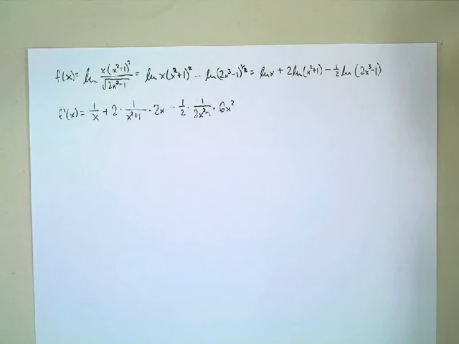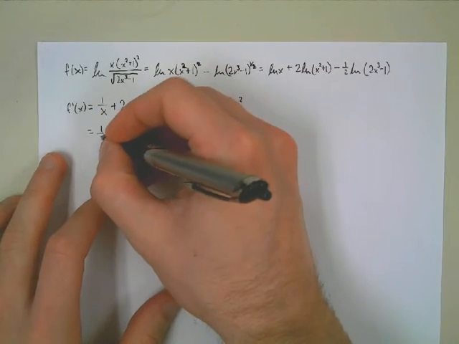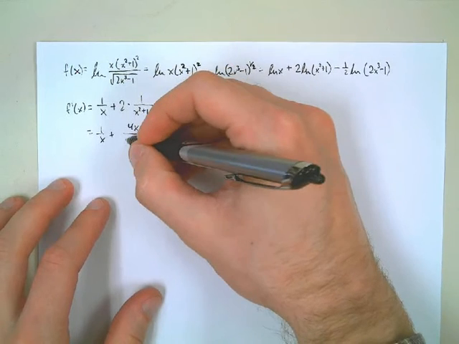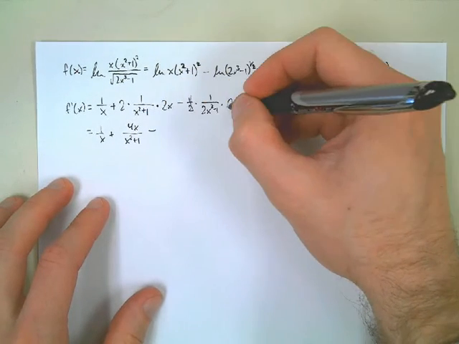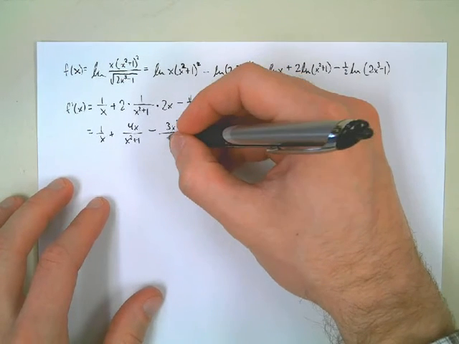So we get 1 over x here. 2 times 2x is 4x, so 4x over x squared plus 1 minus, and then 1/2 times 6 is going to become just a 3, so we get 3x squared over 2x cubed minus 1. And that is that.